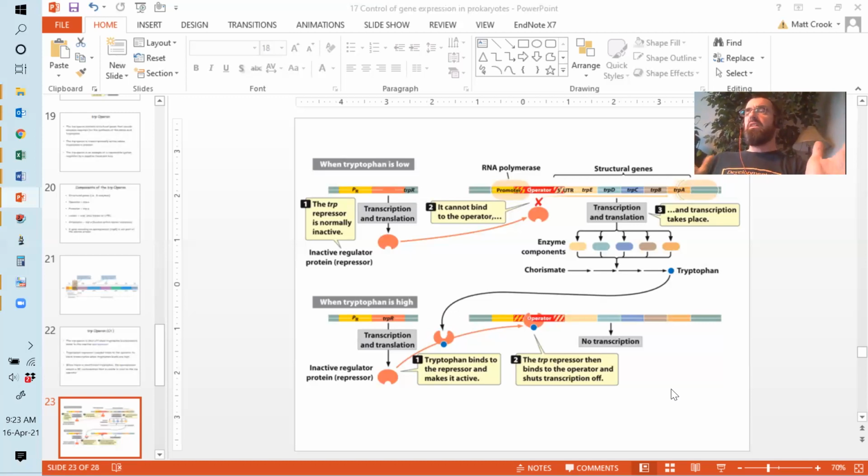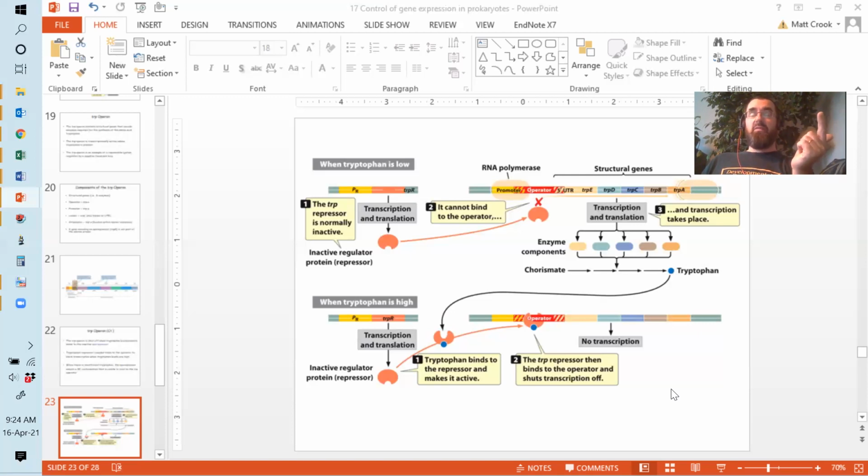So this is a really difficult concept. So we've got coupled transcription and translation. Okay. We've got the product of the trp operon, essentially, is involved in translation. And so we're going to sense its levels by seeing whether or not tryptophan can be incorporated into a protein.